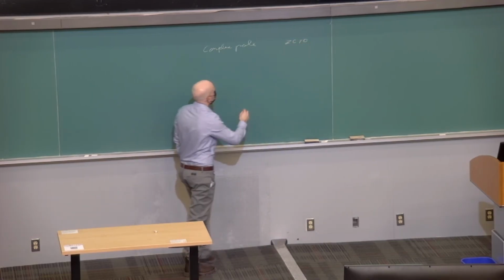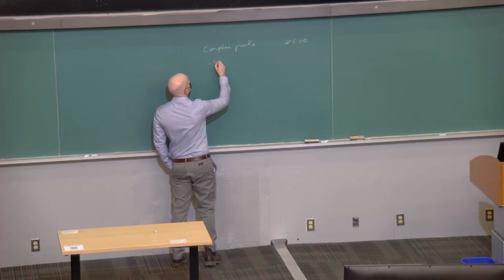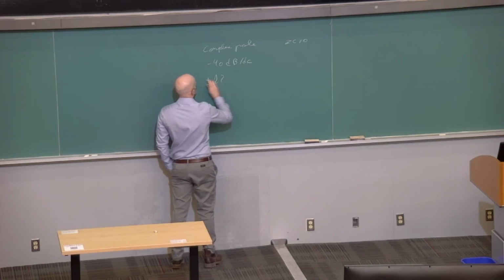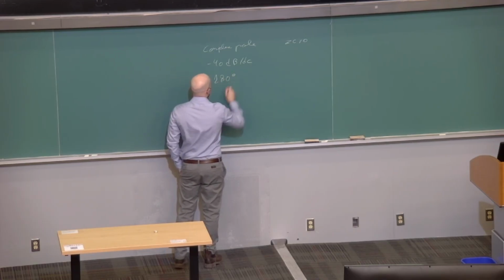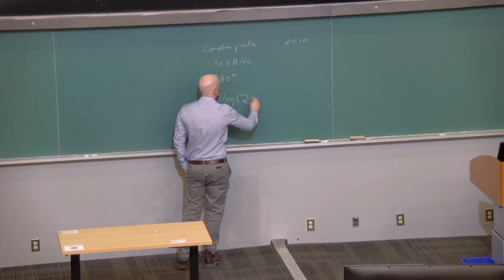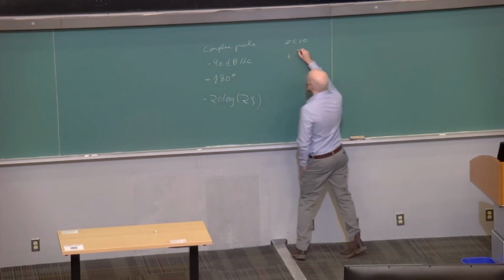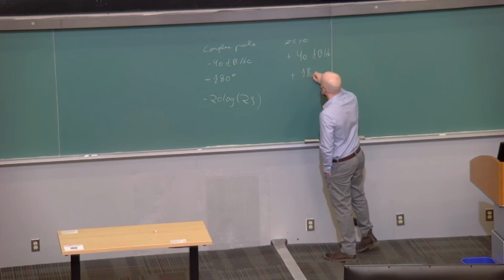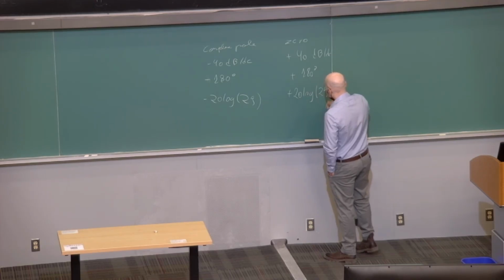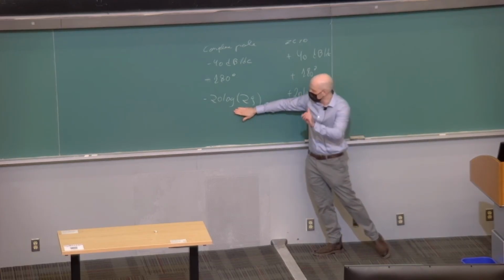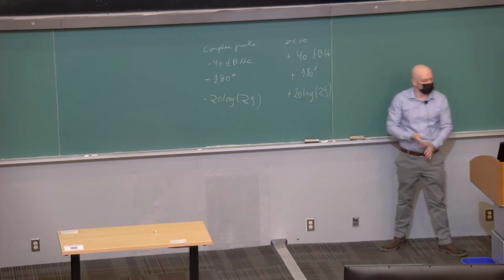For a complex pole, we have a slope of negative 40 dB per decade, a phase of minus 180, and at the cutoff frequency, we have negative 20 log of 2 zeta. For the 0, we have now plus 40 dB per decade, plus 180, and plus 20 log of 2 zeta. If 2 zeta is smaller than 1, then this is positive, it peaks. In the case of the 0, it goes down.